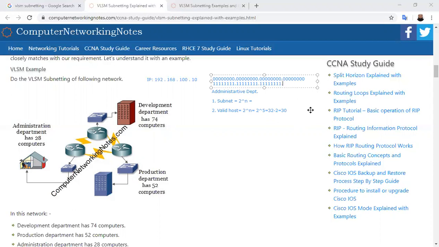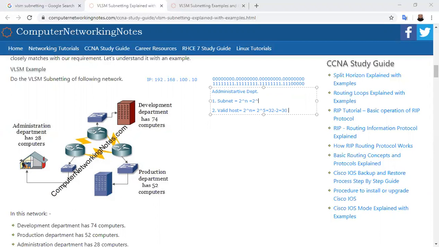Now, how many off bits do we need? We need only 5 off bits. So 1, 2, 3, 1, 2, 3, 4, 5. These 5 off bits are host bits, and these 3 on bits will be used for subnet.